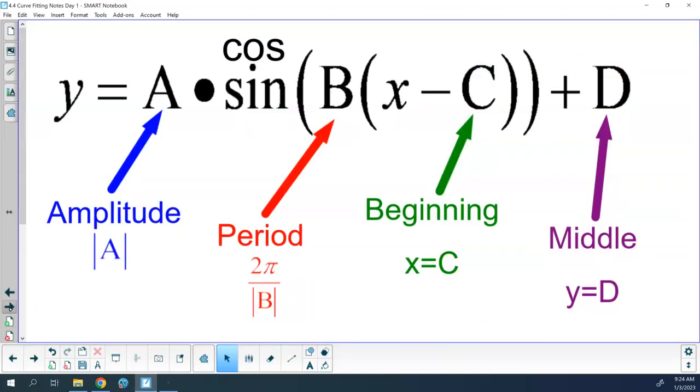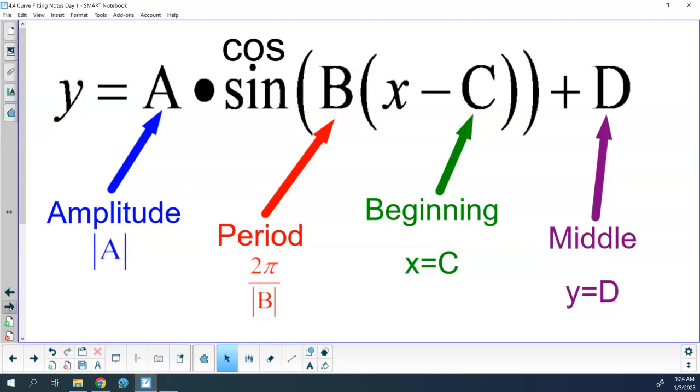So from before break, we were talking about the 4 different transformations of a sine or cosine curve, or the first lap, the first wave of the graph.